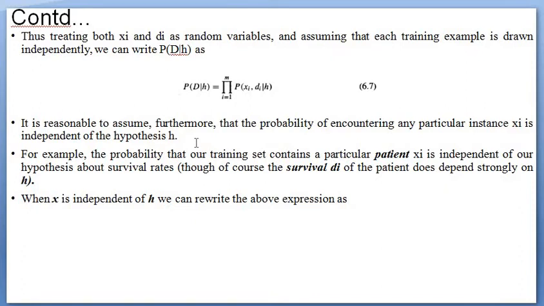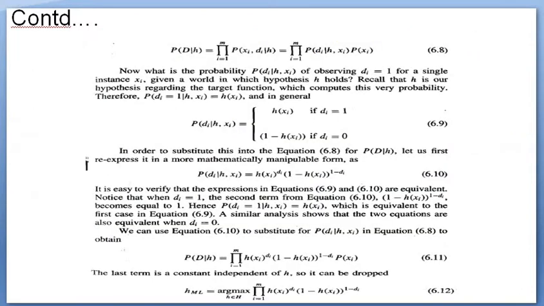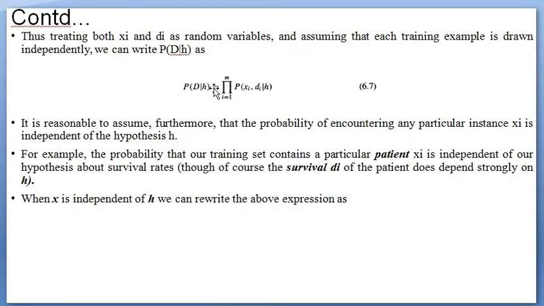It is reasonable to assume furthermore that the probability of encountering any particular instance xi is independent of the hypothesis h. Xi is independent of hypothesis h, but di is dependent on the hypothesis, because di varies between 0 and 1 and we know the hypothesis target value is 1.